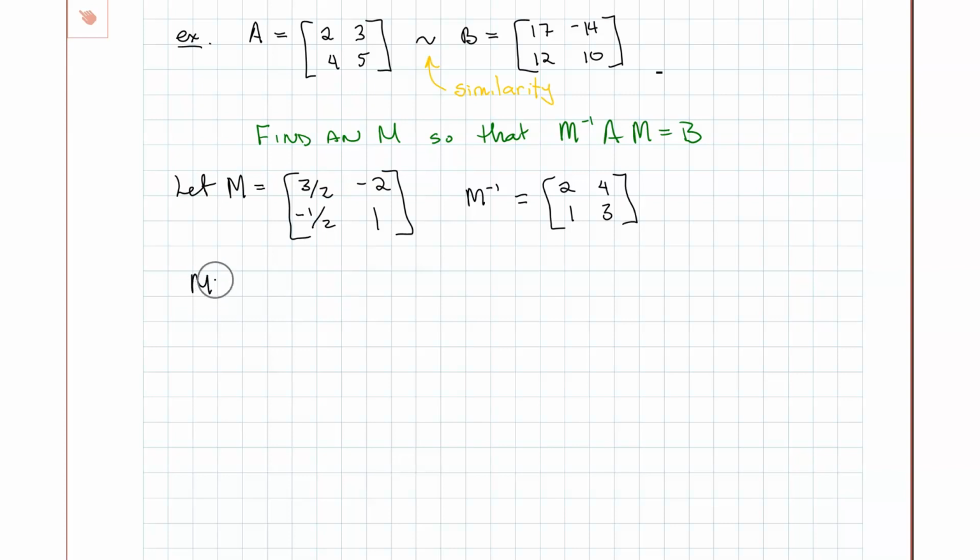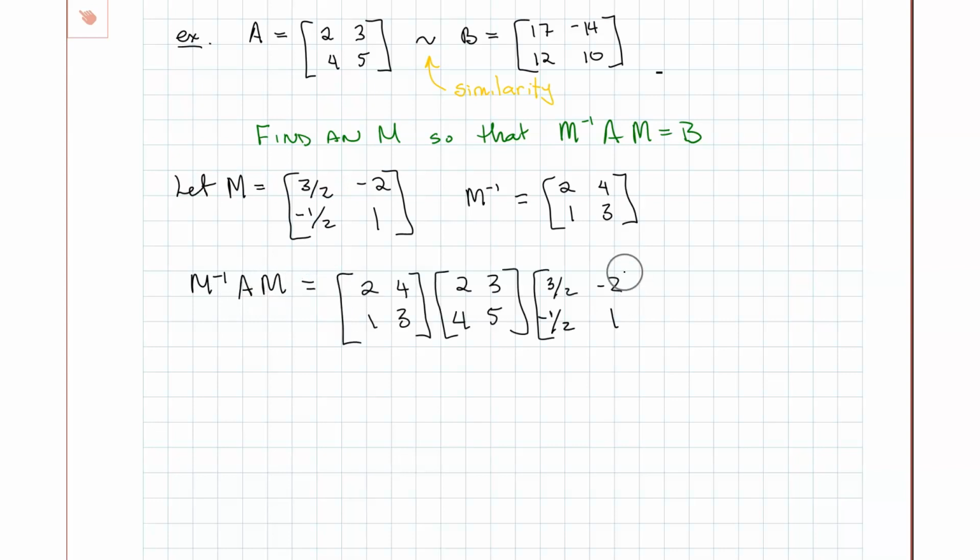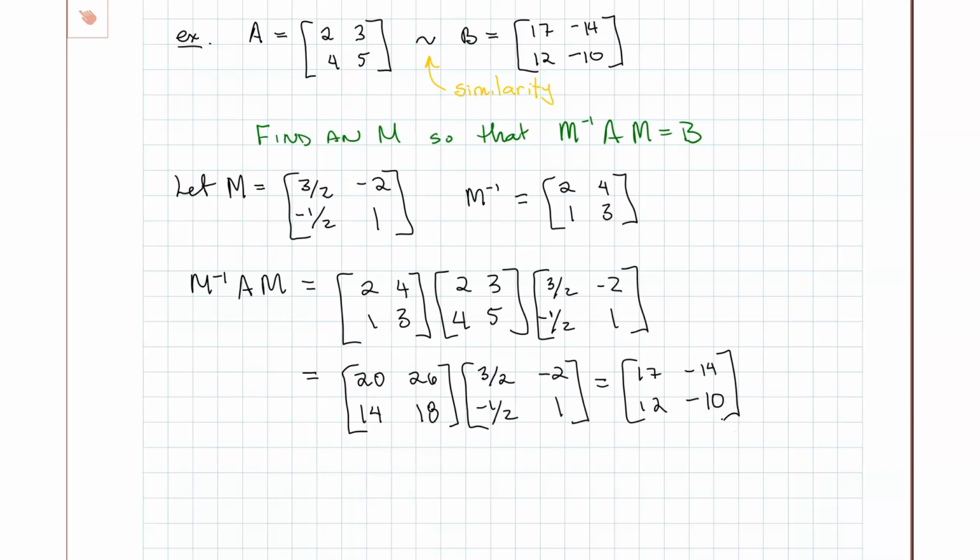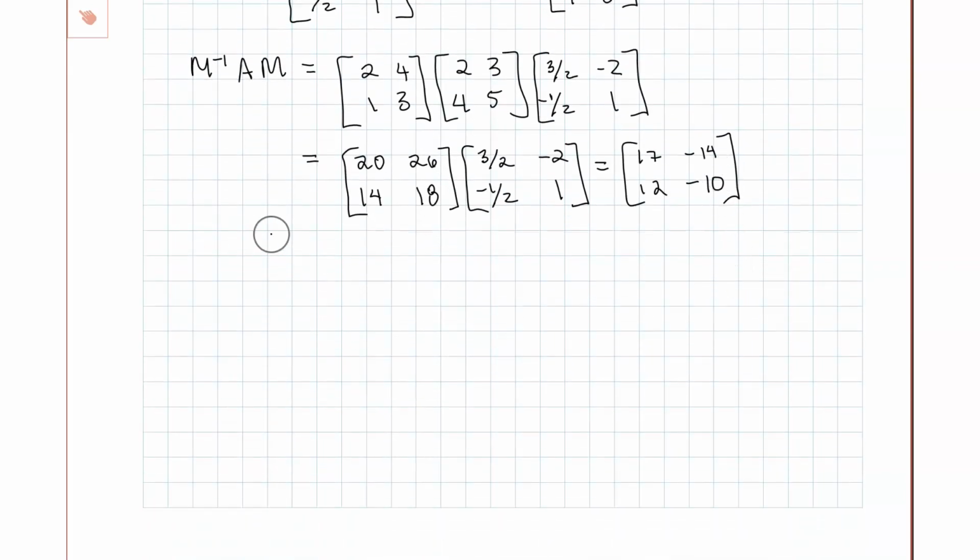So we're going to take M inverse times A times M and see if we get B. So here's the product we need to calculate. I'll do it step by step. So now we have 20, 26, 14, 18 times still that matrix M. So these two matrices are indeed similar, and that fact is witnessed by this matrix M.